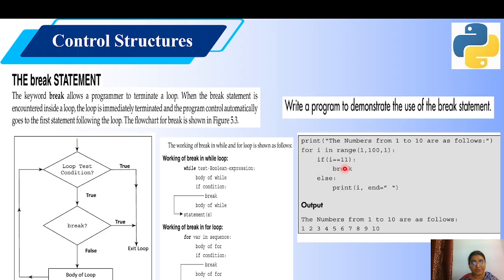If I is equal to 11, we add the statement break. So when the output appears, it will print 1 to 10, and as soon as 11 appears, it will break. The loop will be terminated.